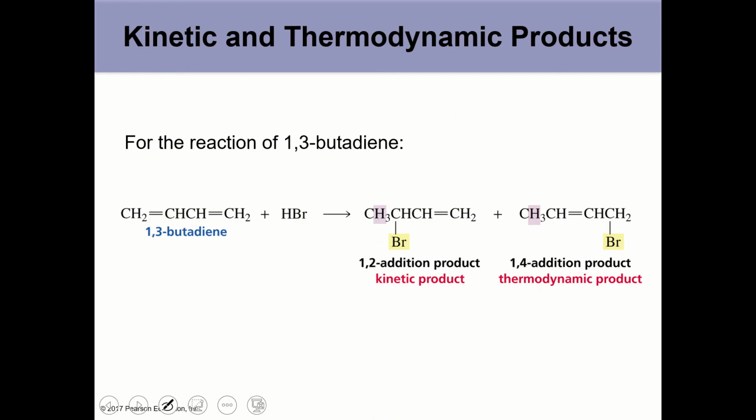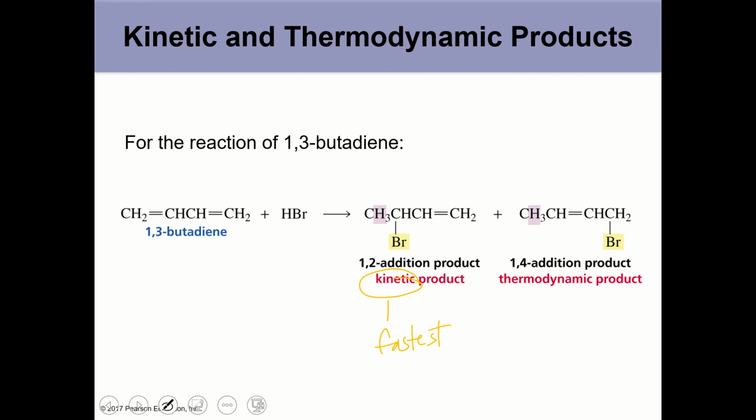Okay, for the reaction of 1,3-butadiene with HBr, we're going to call the 1,2 product a kinetic product and the 1,4 product a thermodynamic product. And the literal meaning of kinetic in this case is fastest.